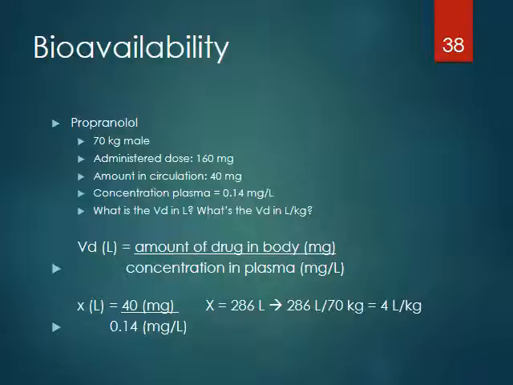So by using that kind of general comparison, you can figure out how lipophilic a drug is and how well it likes to distribute to the tissues. In this case, propranolol is very lipophilic, and that's just going to have a high volume of distribution.